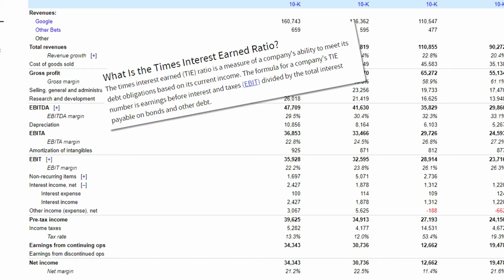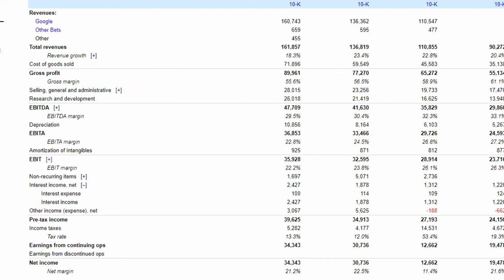In Google's case, it's over 300 times. Ideally, we like to see this more than 1 or 2. So Google's in a great position, where their operating income will more than cover their interest expense. Now, if this were closer, maybe only 1 or 2 times or less than 1, then we could go back to the cash flow statement and see if the cash flow or free cash flow will cover interest expense.